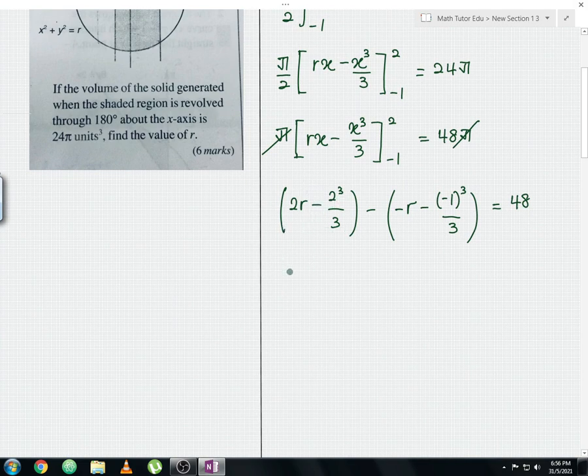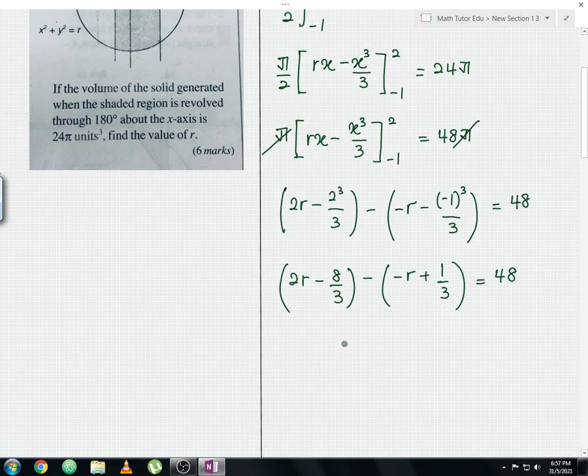So from here you get 2r minus 8 over 3, and then minus with negative r, and then you minus with negative 1 over 3. So negative 1 cube you get is negative 1. The negative 1 you times with negative over here. So from here you get positive 1 over 3 is equals to 48.